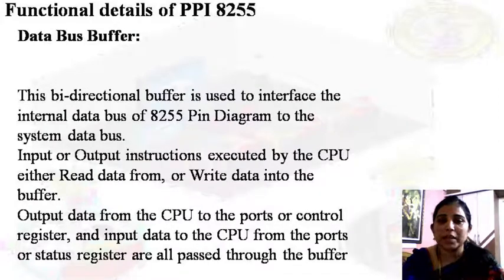Input or output instructions executed by the CPU of the microcontroller either read data from or write data into the buffer. Output data from the CPU to the ports or control register, and input data to the CPU from the ports or status register, are all passed through the buffer.